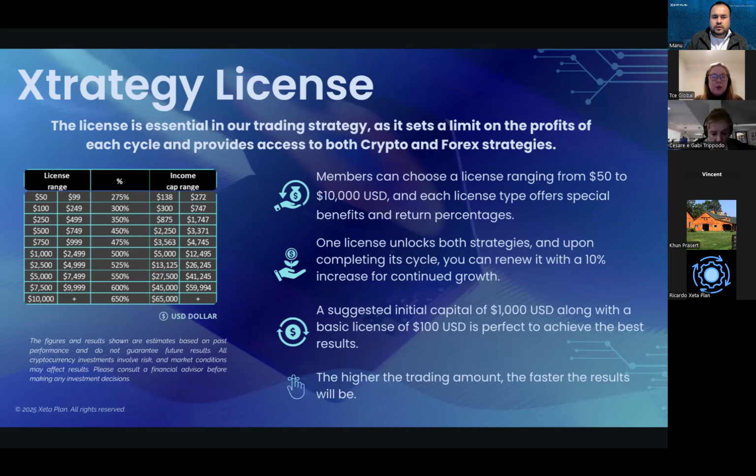Once that is completed, your license is over and you would need to acquire a new one. And every time you renew one, it needs to increase in a 10% value so you get continued growth. And also, we suggest an initial capital of $1,000 along with a basic license of $100 is perfect to achieve the best results. So a 1-to-2 ratio.